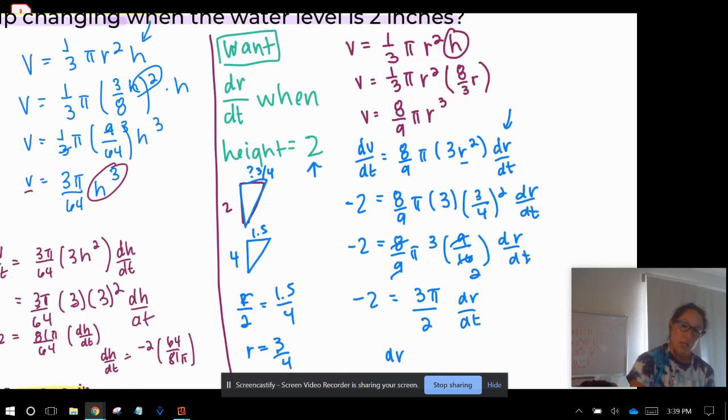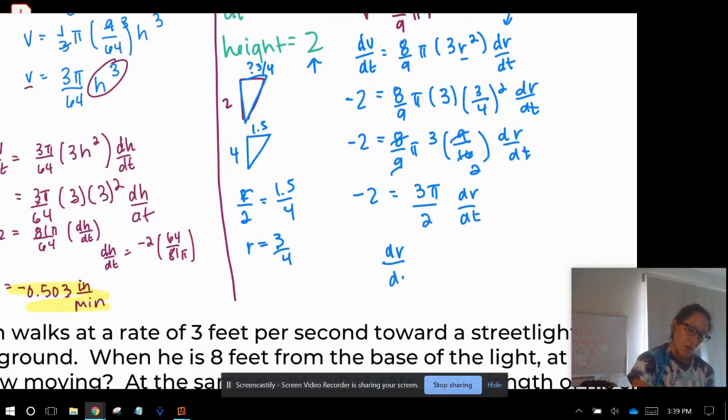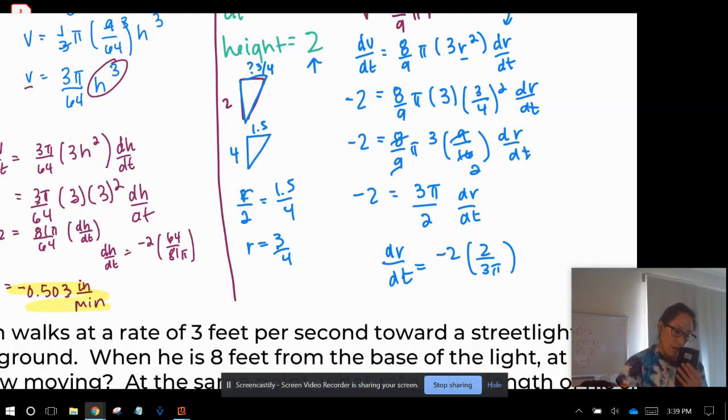And so I can isolate dr/dt to give me -2 times the reciprocal, 2 over 3 pi. -2 times 2 over 3 pi gives me, wait a second, I got something different. I forgot something big. I forgot a 3 here. No, I got that 3, 9.